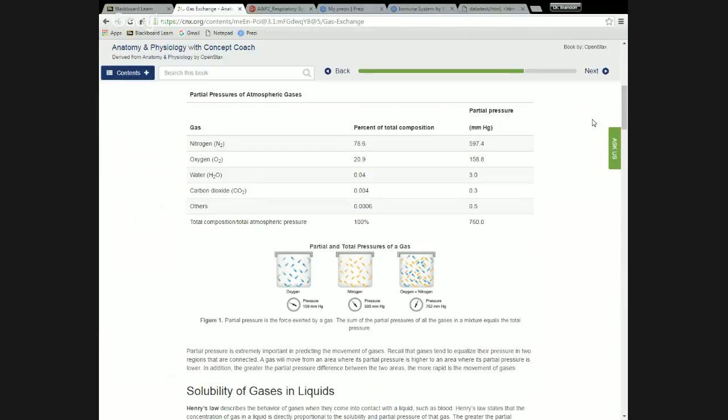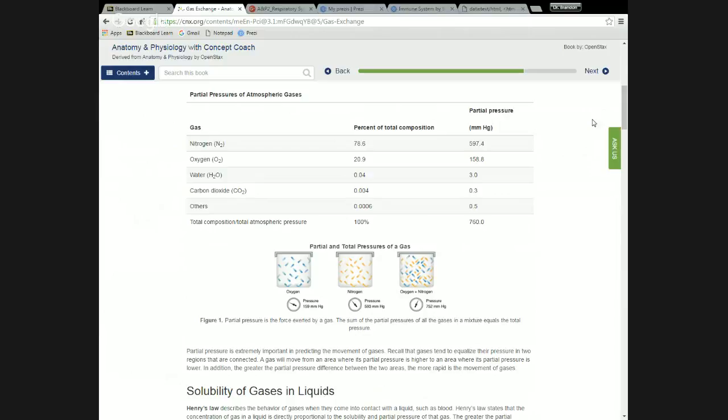Really, what we do is we look at the whole composition of gases. We can take a sample of air that we would breathe and separate that on a spectrophotometer, which will tell us exactly how much of each type of gas is in that air sample that we're looking at. So over here, the percent total composition is what we would get from that.